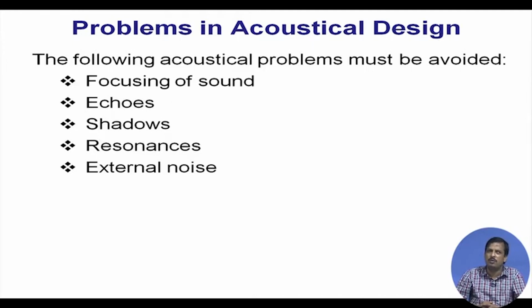If there is an obstacle to the sound, it creates sound diffraction, and due to the diffraction a shadow will be created. I do not want a shadow region in the auditorium. Then I do not want resonance, because I want a reverberant sound to fill the auditorium.